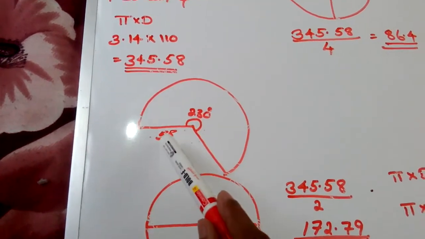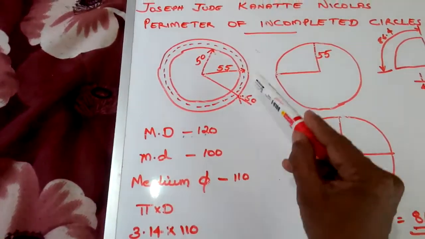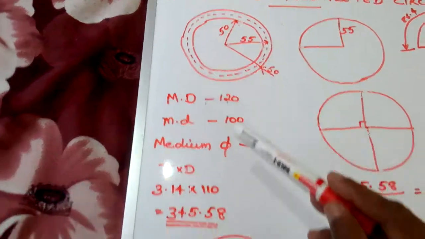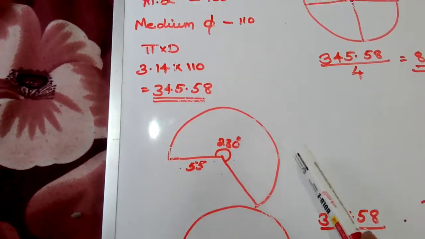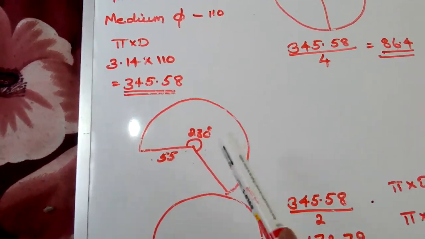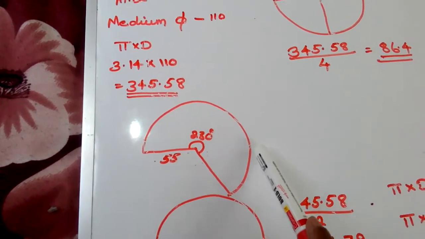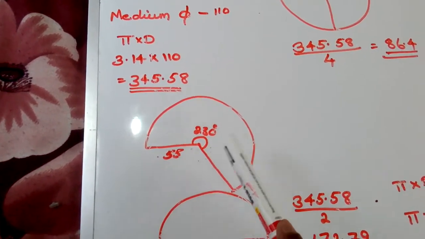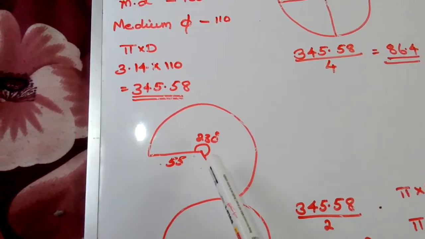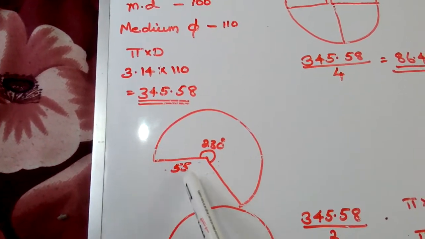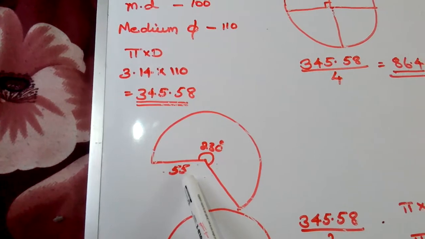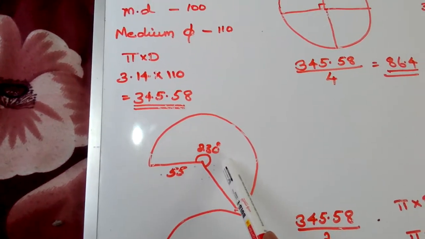Its radius is also the same, 55. Here I haven't indicated its outer diameter or inner diameter. It is for studying purposes only. So I used the radius 55 and its degree is 230.